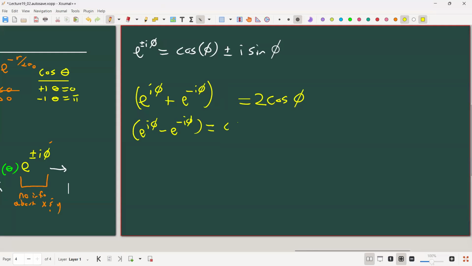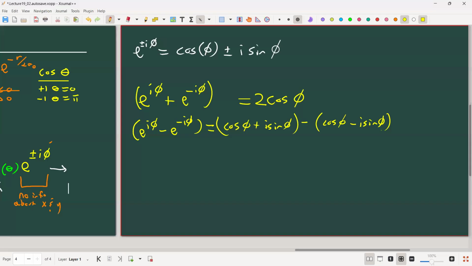Right? This is going to be cosine phi plus i sine phi minus cosine phi minus i sine phi. Right? Now you can see that the cosines cancel out, leaving the sines. So this is equal to 2i sine phi. Okay.